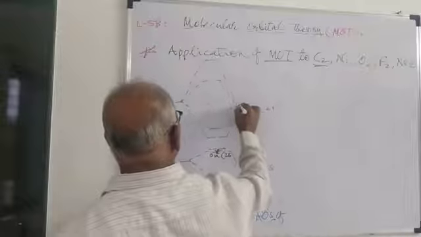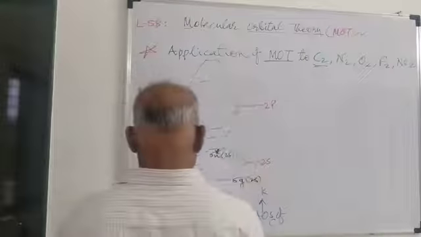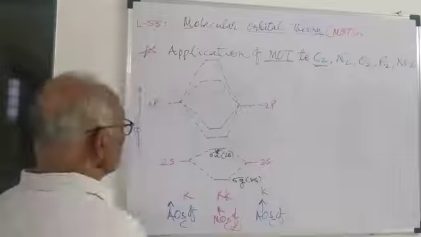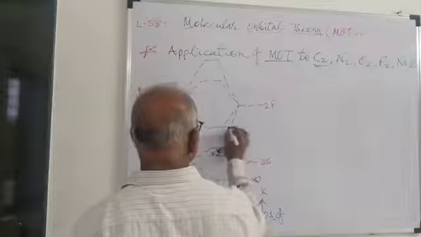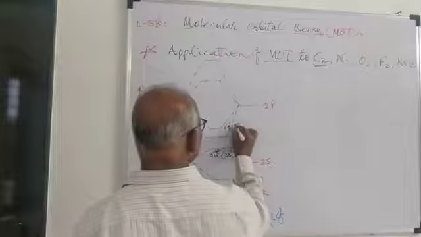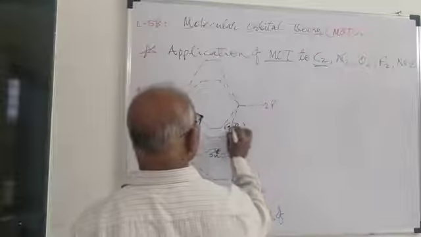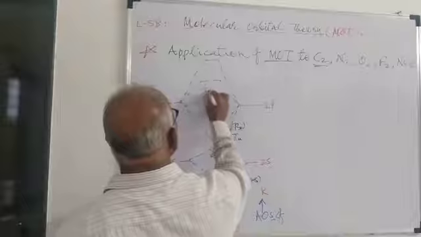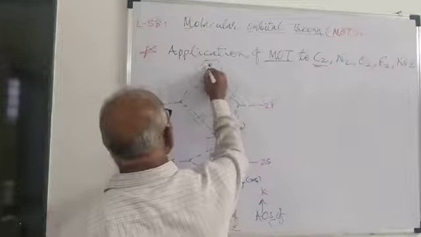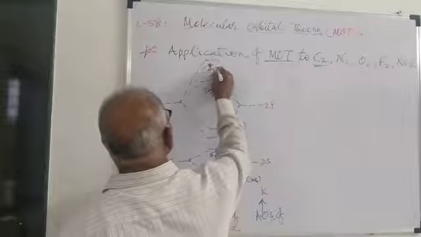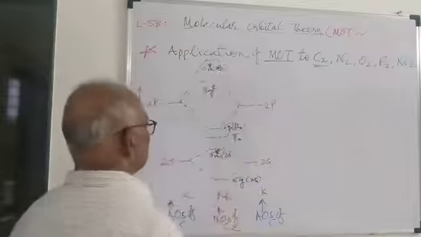Now we will label these. These are the pi u molecular orbitals. This is sigma g 2pz. This is pi g star, and this is sigma star u 2pz molecular orbital.